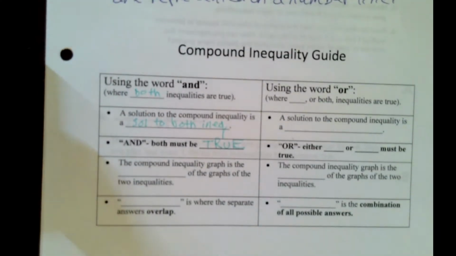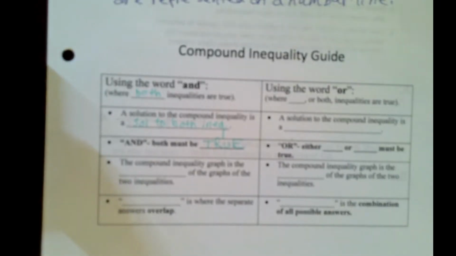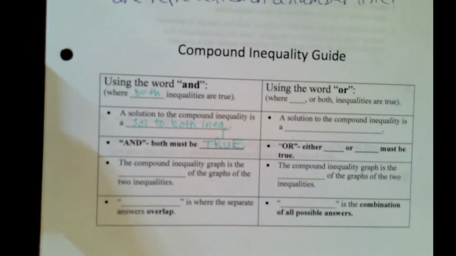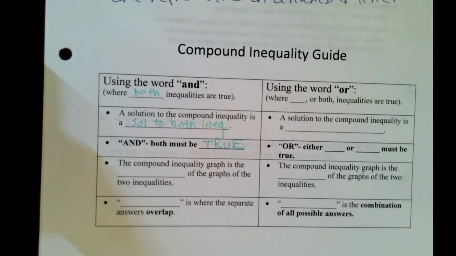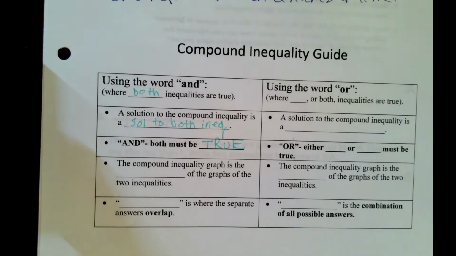The compound inequality graph is going to be called the intersection of the graphs. Because when we think of an intersection, we think of where two roads meet.